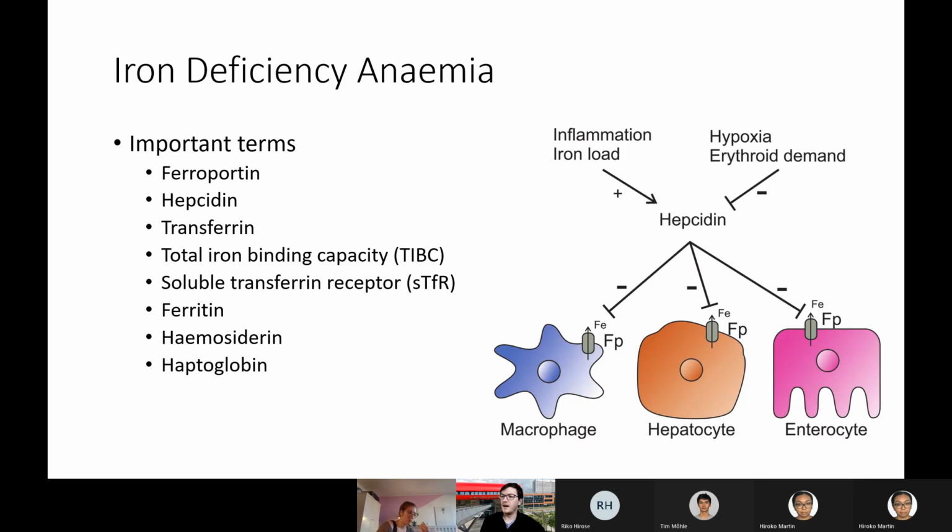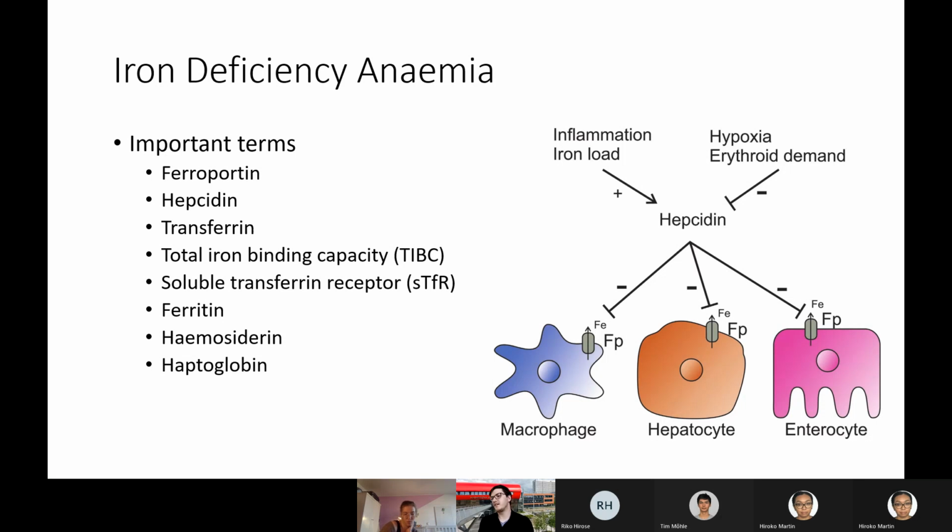Okay, so that was hepcidin. Then we have transferrin. As the name implies, it transfers stuff. Precisely, since we're talking about iron, it transfers iron between the place where you have it and the place where you need it. Total iron binding capacity, TIBC, is a term that reflects the amount of transferrin that you have in blood.